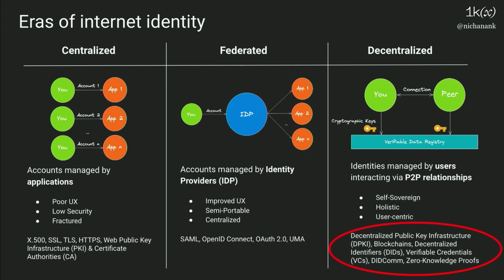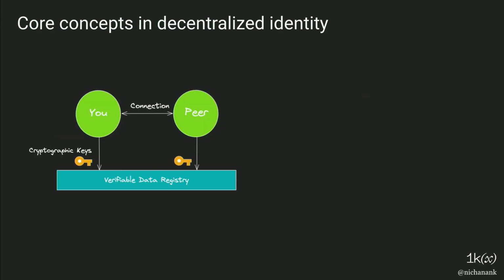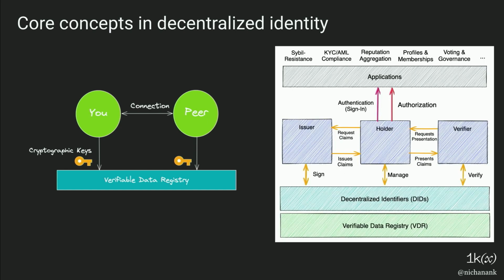So these are some of the technologies we'll be going over in a bit. So just zooming into that, this is generally how the stack kind of comes together. You have your verifiable data registry, DIDs, and then you're making authentication, authorization requests to the applications on top.